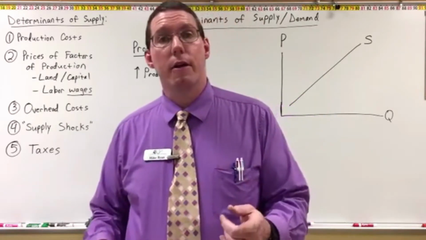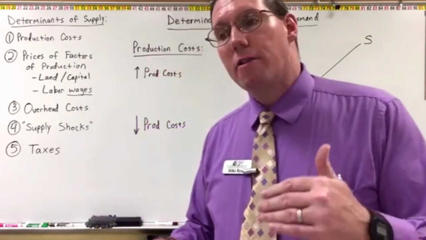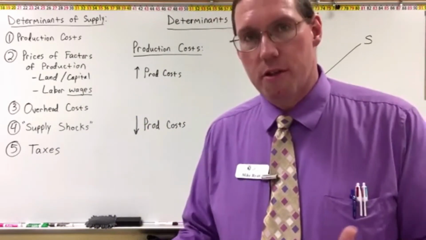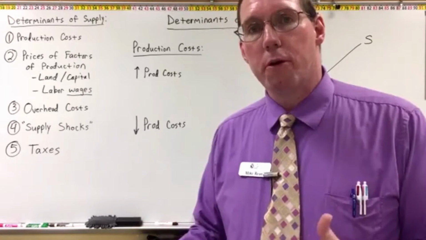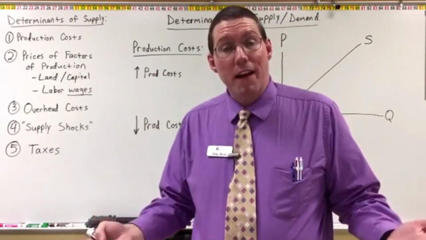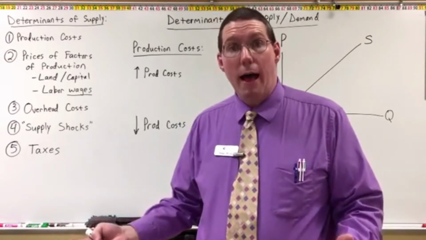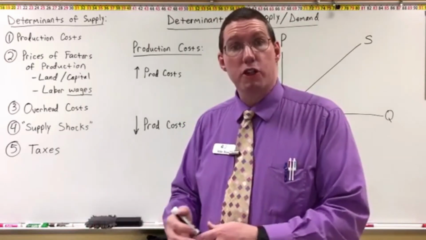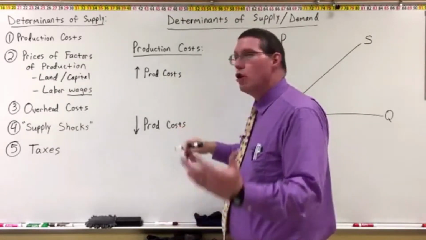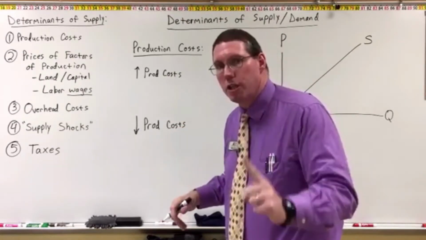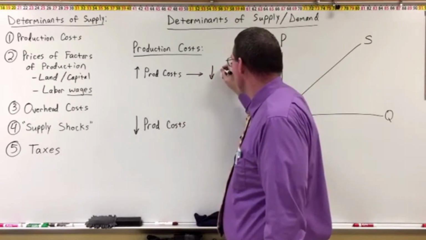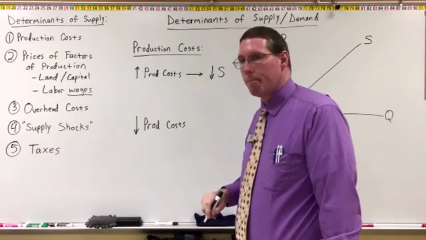So as the cost of production goes up, you can't produce as much stuff. The amount that you can produce goes down, and the amount that you can produce effectively is your supply of whatever it is that you're making. And so an increase in production costs means that you can't make as much stuff, so you are going to have a decrease in supply.